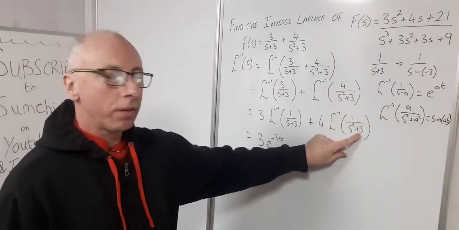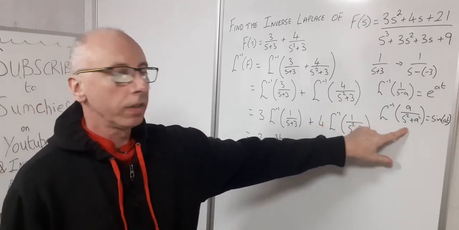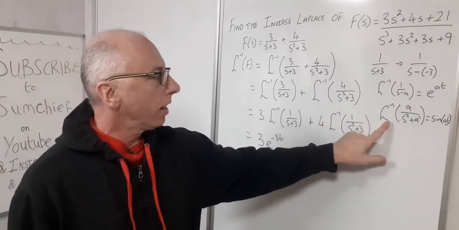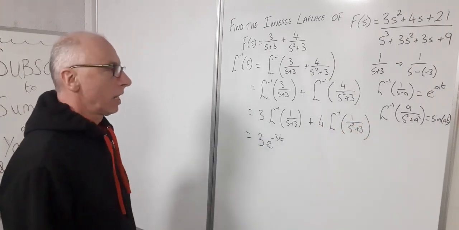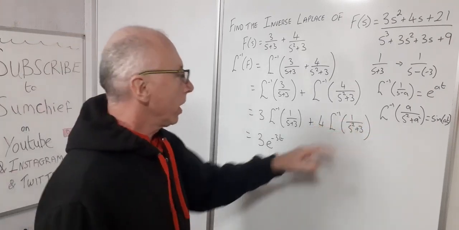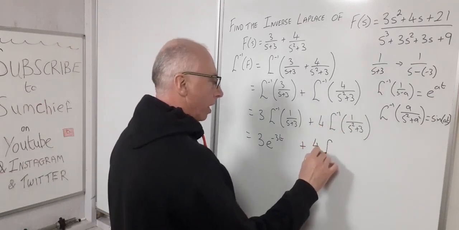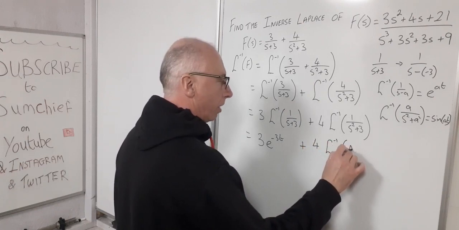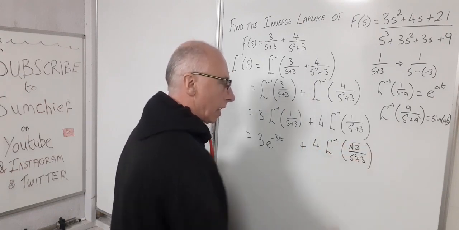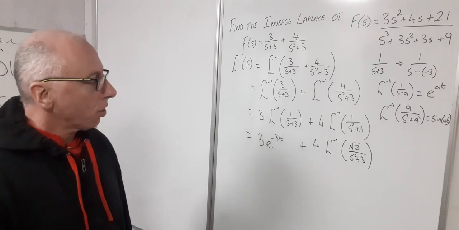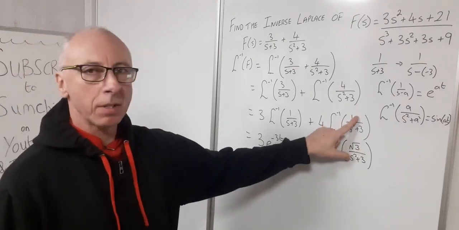If we had the square root of 3 in the top, then we could have straight away a version of sine in our inverse Laplace. So let's get a square root of 3 in the top there. So now I'm going to write that as 4 times the inverse Laplace of square root of 3 over s squared plus 3. Now that's all well and good, but square root of 3 is not the same as that.